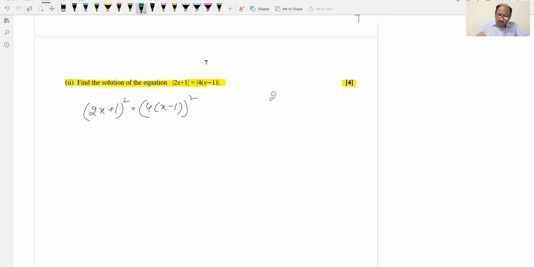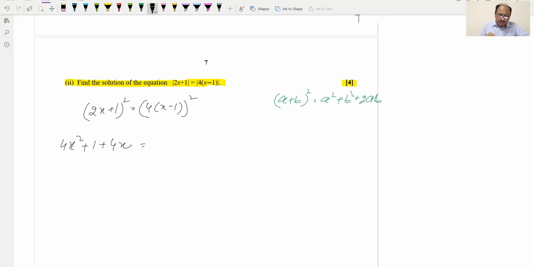You can directly apply the square formula: a plus b squared is equal to a squared plus b squared plus 2ab. So it is 4x squared, plus 1, plus 2ab which will be 4x, and this is the square which we have opened, and this side I will keep as it is.